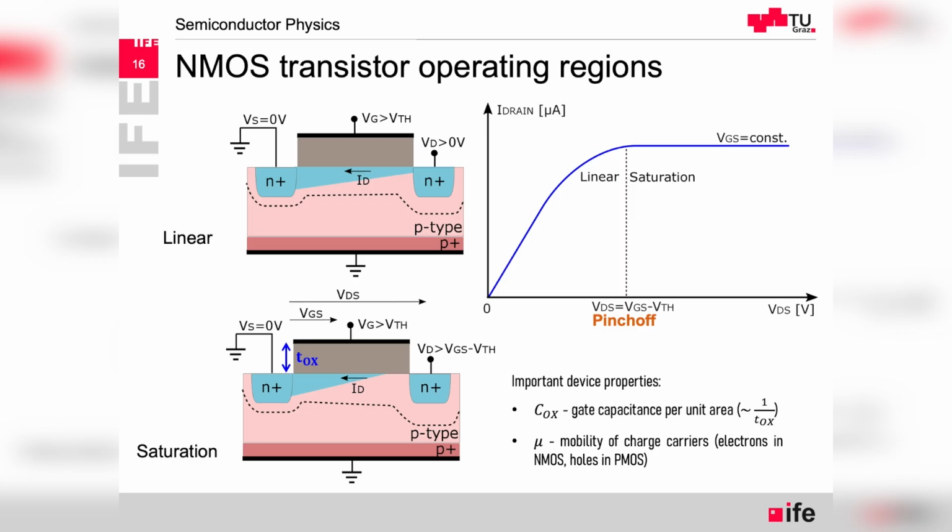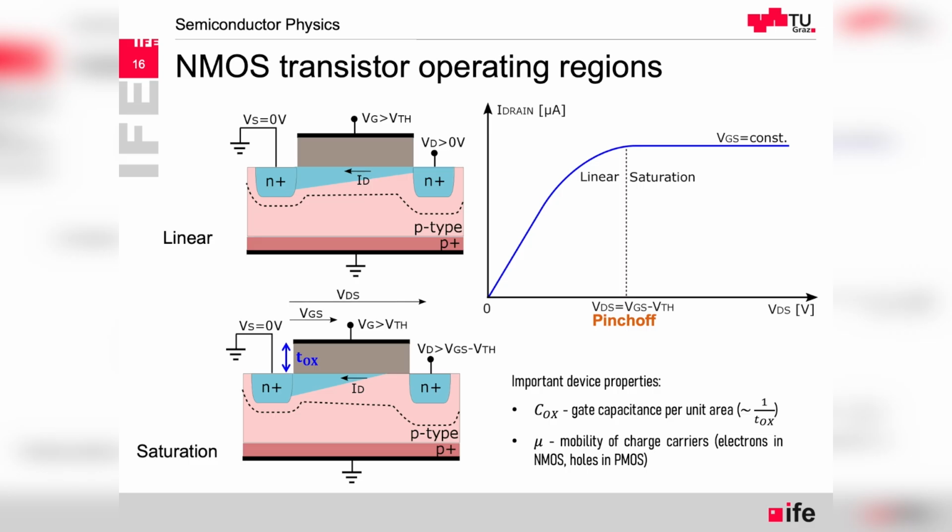So basically there is no p-n junction, so to say, along the way of the charge carrier from one n-plus region to the other. So the electrons will be accelerated towards the drain, so the current arrow shows in the other direction. The current flows from drain to source.